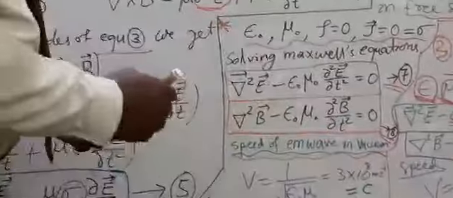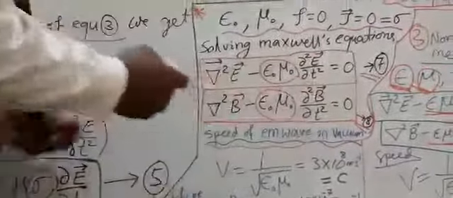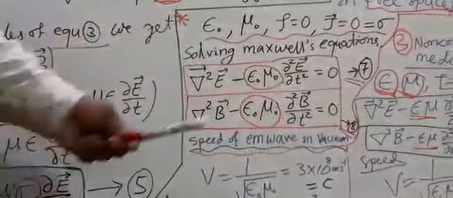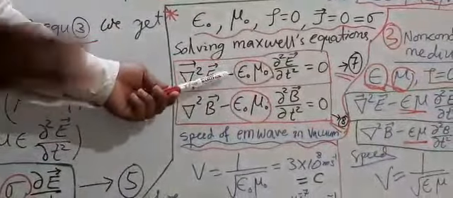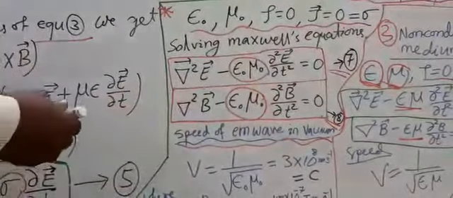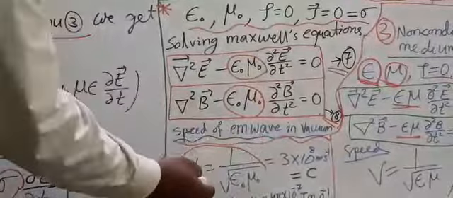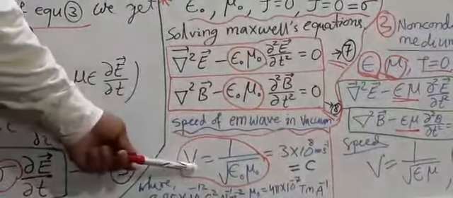If you compare equations 7 and 8 with the general wave equation, the speed expression will be this, the expression for the speed of the electromagnetic wave.